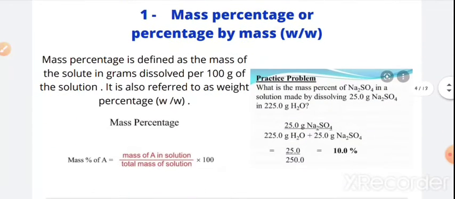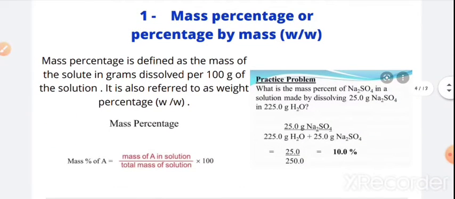Let's discuss that. The first one is mass percentage, or percentage by mass, W by W. Its name itself suggests that we have to calculate the percentage by weight. I think you have learned how to calculate percentage in mathematics, so we apply the same concept here.